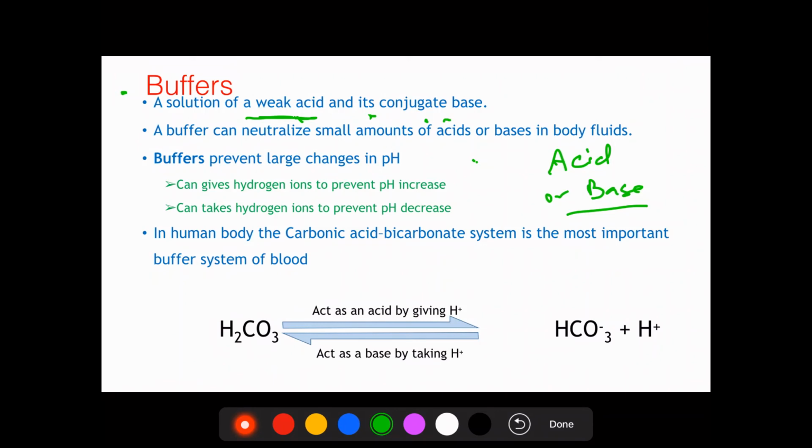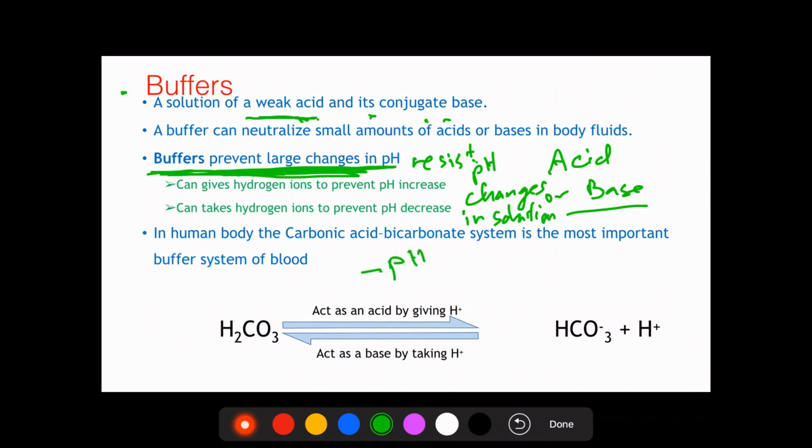It depends on whether it was a weak acid or weak base. The main function of buffers is that they prevent large changes in the pH. They resist pH changes in solution. So it prevents the pH from either dropping or increasing.